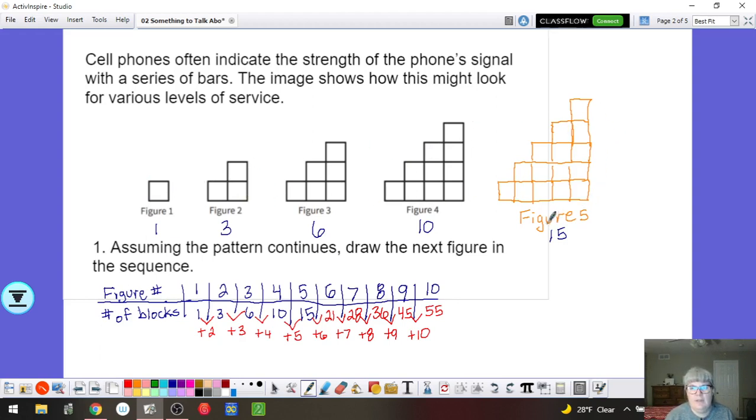And one thing I know is that triangles and rectangles have a relationship if I look at the area. So I could say this has an area of 1, this has an area of 3 square units, 6 square units, 10 square units, 15 square units.